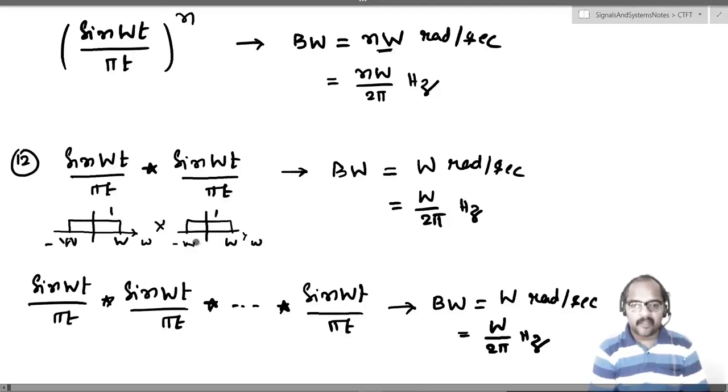If you multiply these two functions, you again get the same function, and hence the bandwidth would be again W radians per second, or W by 2π hertz.